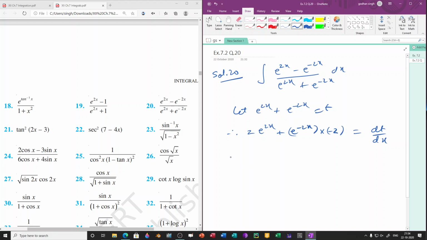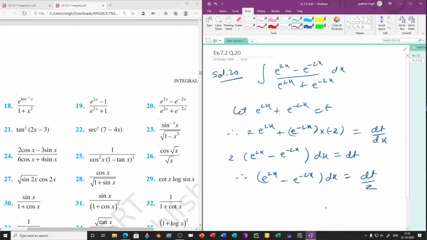Taking 2 common we will be getting e^(2x) minus e^(-2x), and this will give us dx equal to dt. Therefore, we can see that (e^(2x) - e^(-2x)) dx equal to dt by 2.